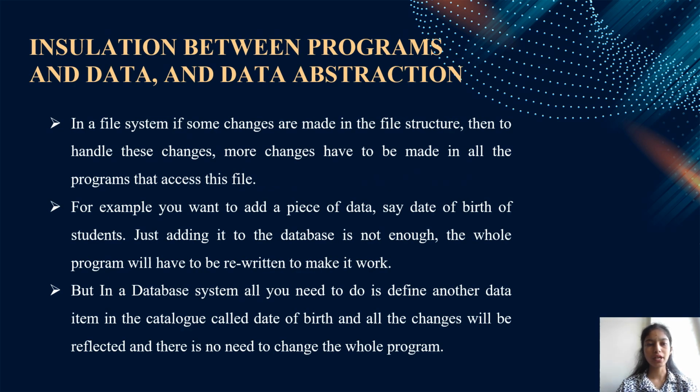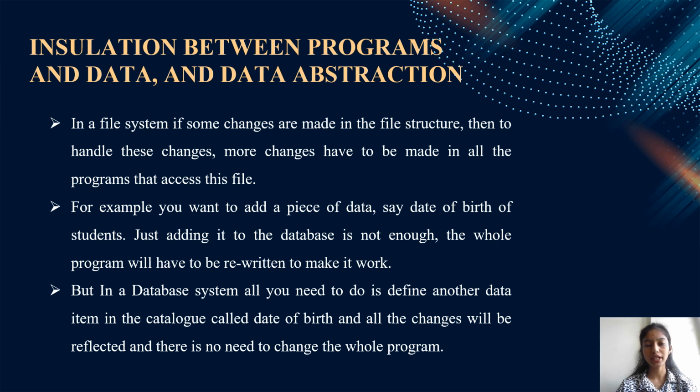Insulation between the programs and the data, and data abstraction. In a file system, if some changes are made in the file structure, then more changes have to be made in all the programs that access these files. For example, you want to add a piece of data, say date of birth of a student.